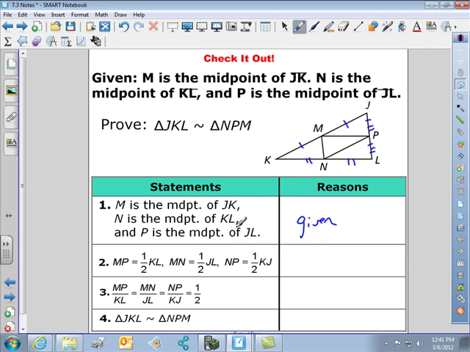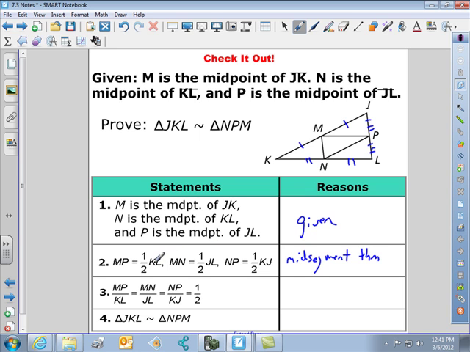Now, you would think that that would be definition of midpoint. That actually is not. If you look at MP and then KL, if you remember, that's what's called a mid-segment. This is the mid-segment theorem. And what the mid-segment theorem states is the mid-segment is half of the opposite side. Okay?